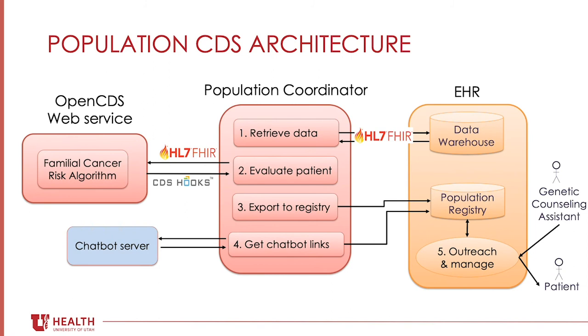This allows us to integrate OpenCDS with the NCCN-based algorithms, and you can imagine other workflows that I'm going to talk about in a minute. We could leverage the same platform for completely different workflows that are, for example, not done in a population-based manner.